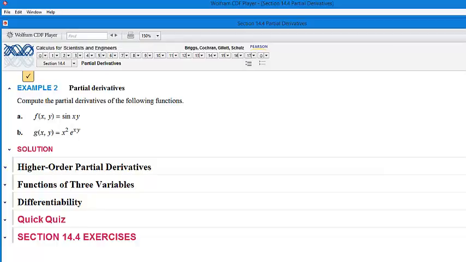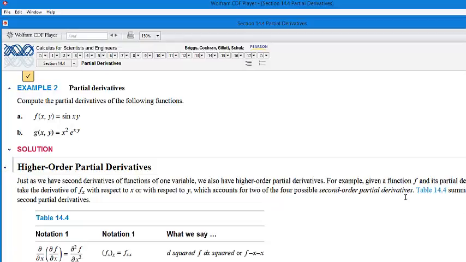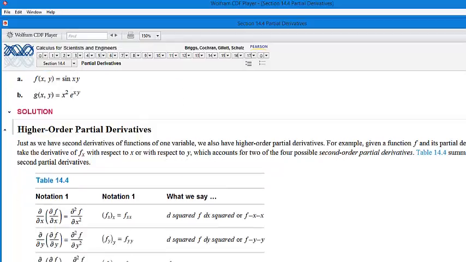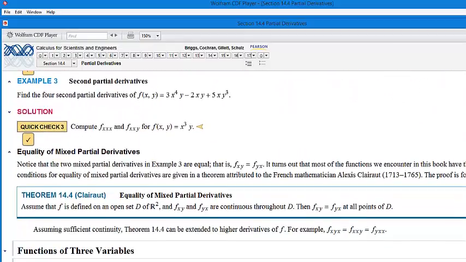What I mean is almost any function you can think of, fxy is going to be equal to fyx. Let's see what they say about that. Is there a theorem? I think so. 14.4 for us. Aha! Assume that f is defined on an open set, that fxy and fyx are continuous throughout D, then they're equal.